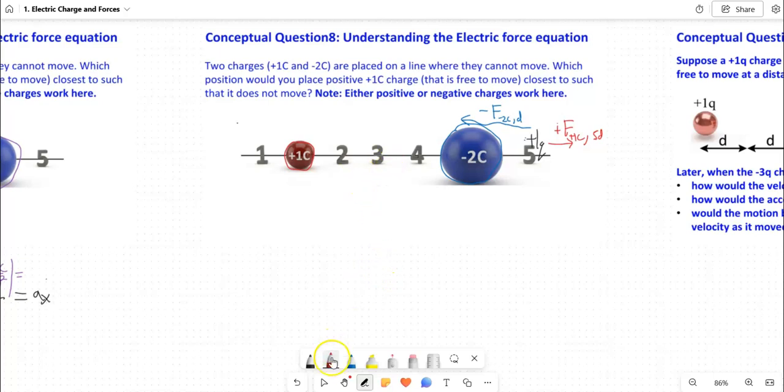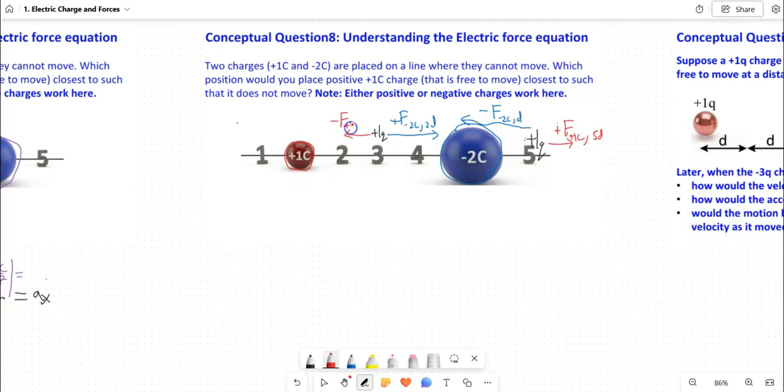Let's try putting it in the center. Okay, so if we put the positive 1 Coulomb charge in the center, the -2 Coulomb charge is going to pull it to the right, and that'll be like this, -2 coulombs, comma 2d, right? But this positive 1 Coulomb charge is still half as strong as the -2 Coulomb charge because it's smaller in magnitude.